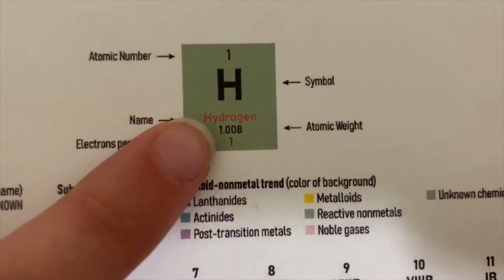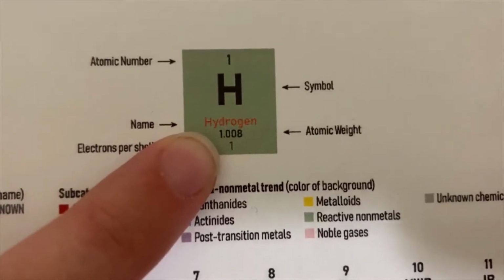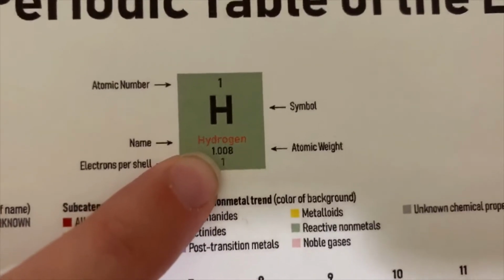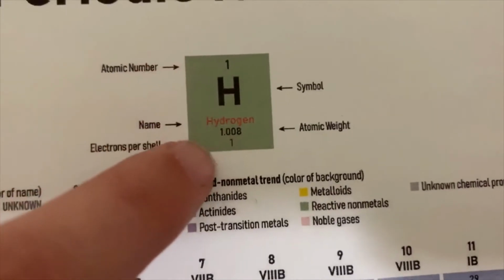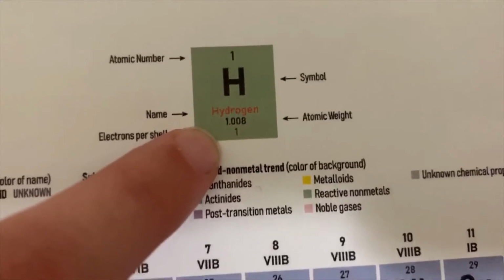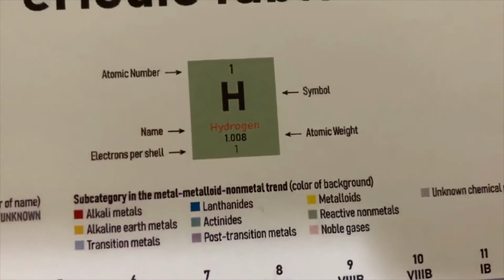So, the atomic weight minus the atomic number equals the number of neutrons. So in this case, 1 minus 1 is 0. So to make hydrogen, you need 1 proton, 1 electron, and 0 neutrons.